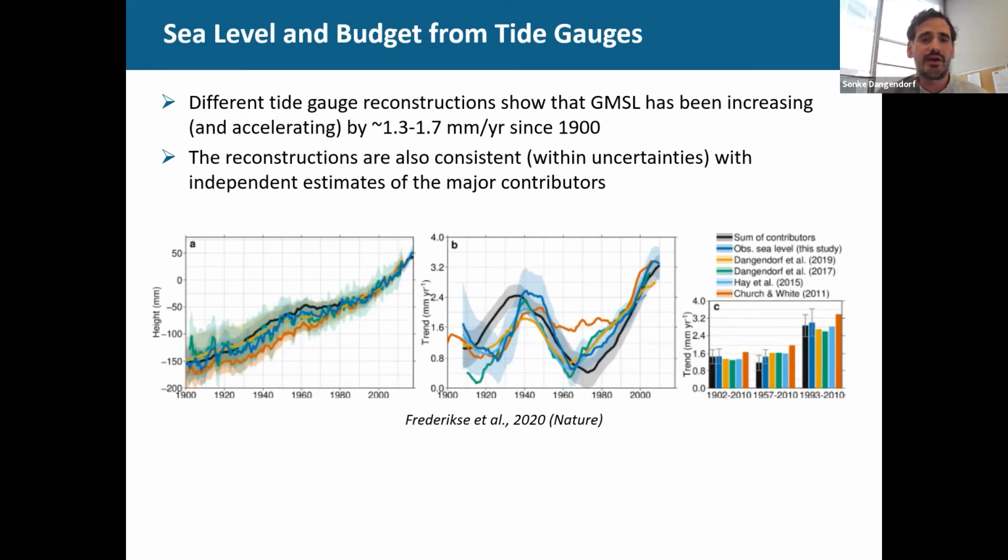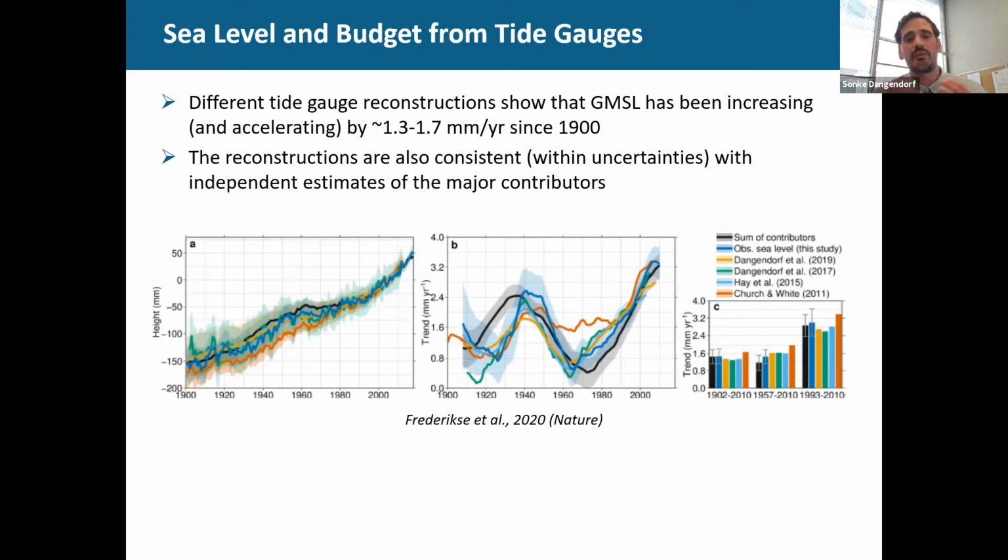These estimates are also consistent with independent estimates of major contributions of barystatic sea level changes and thermal expansion. This is shown in the middle here by the black curve. That was the major topic in that particular paper, but that holds only for the global mean.